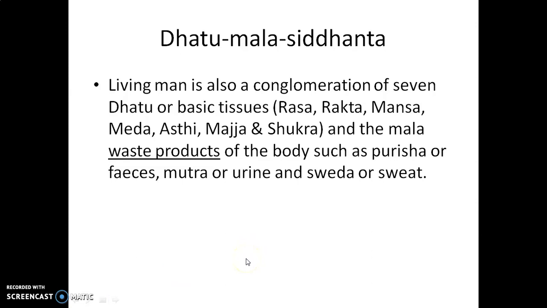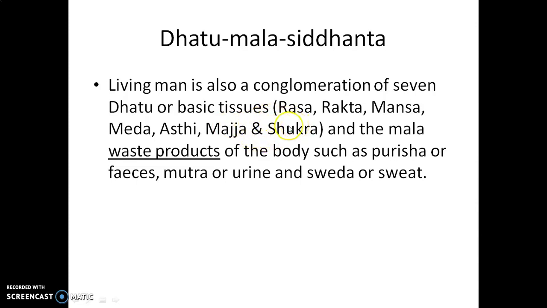Another analogy is also used in Ayurveda, representing the Tridosha Dhatu Mala Siddhanta. So a living man is also a conglomeration of 7 dhatus or basic tissues, that are Rasa or epithelial tissue, Rakta the connective tissue or blood, Mamsa the muscle tissue, Meda the adipose or fat tissue, Asthi the osseous or bone tissue, Majja the bone marrow, and Shukra the reproductive part.